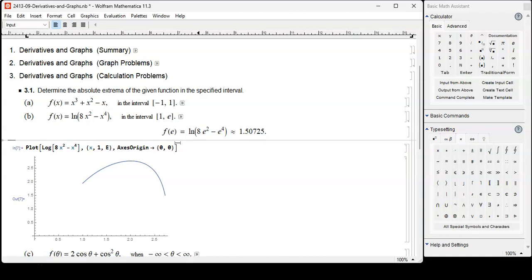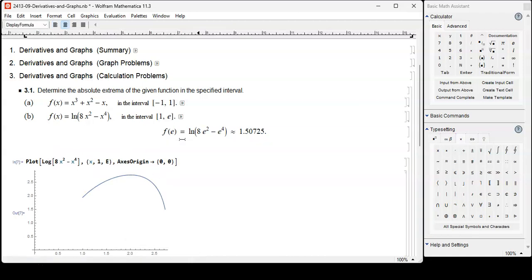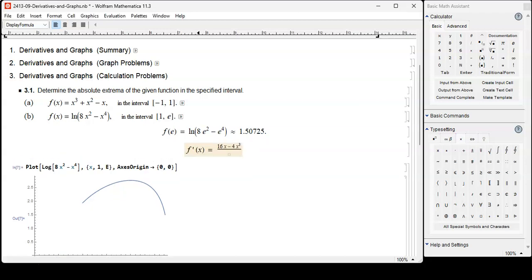Horizontal tangent here. So let's take the derivative and set it equal to 0. What's the derivative? Good question. We have a log function, so u prime over u: derivative of the inside, 16x minus 4x to the third power, and the denominator is whatever is inside.